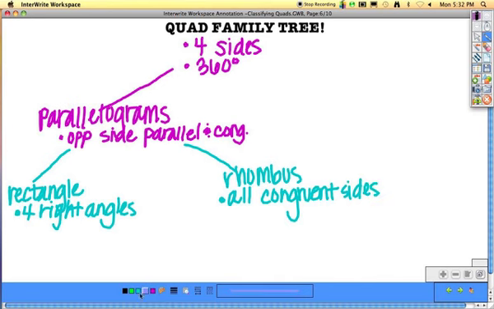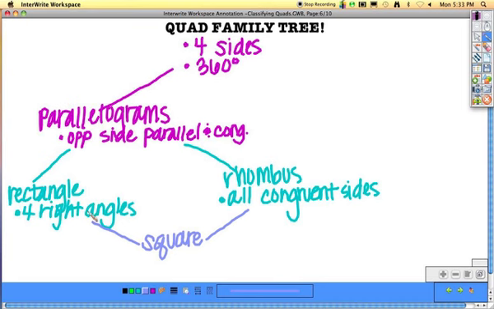And then last but not least, down here on this side of the family tree that they all tie together with is the square. A square has four sides that have angles that total to 360 degrees. Squares have opposite sides that are parallel and congruent, so it's a parallelogram as well.